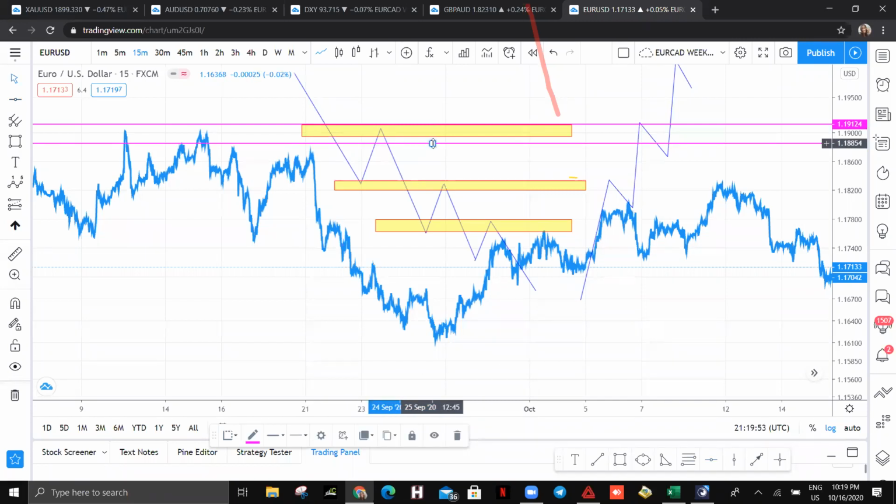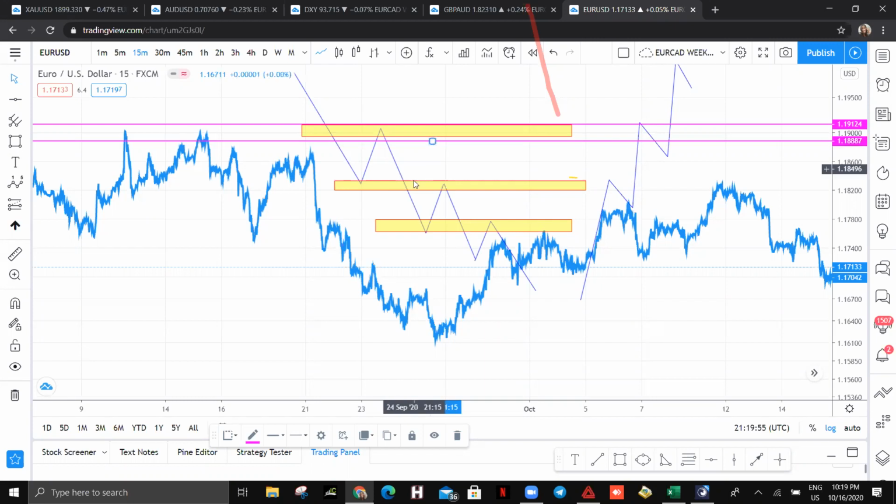See where my entry is. From here to this next place will be my take profit. This zone here will be my what? Take profit. So stop loss here, let me use the red line.